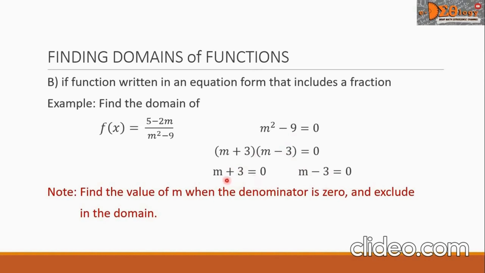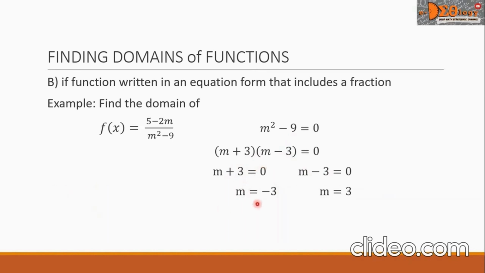So in here, the positive 3 we will transpose. On the right side, we will have m = -3. On the other factor, m - 3 = 0. Transposing this negative 3 to the right side, we have m = positive 3. So we have now two values for m.